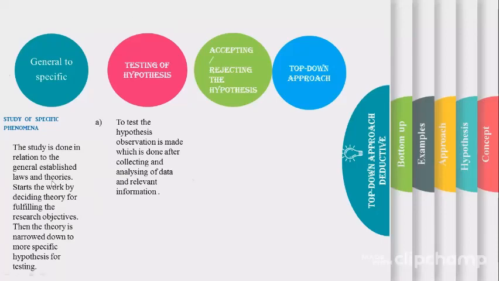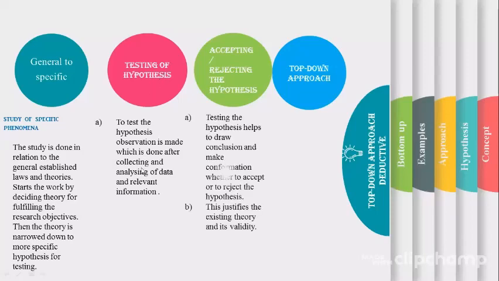Based upon the laws and theories, research objectives are derived. Based upon the objectives, the hypothesis is made. Based upon the hypothesis, testing of the hypothesis is done.